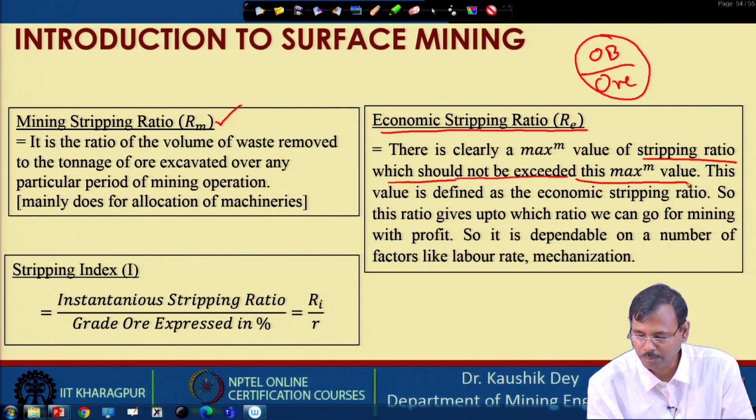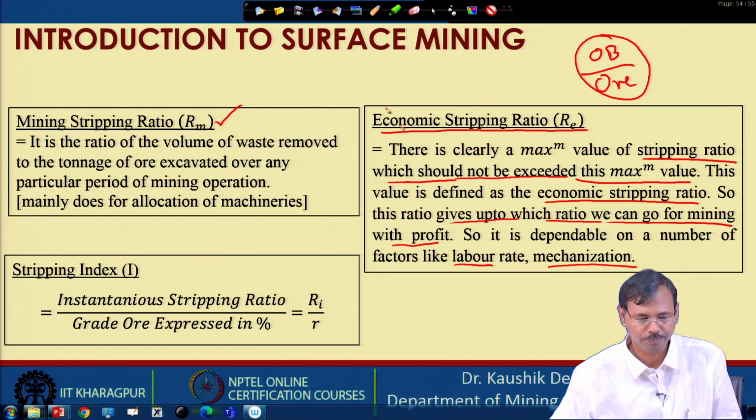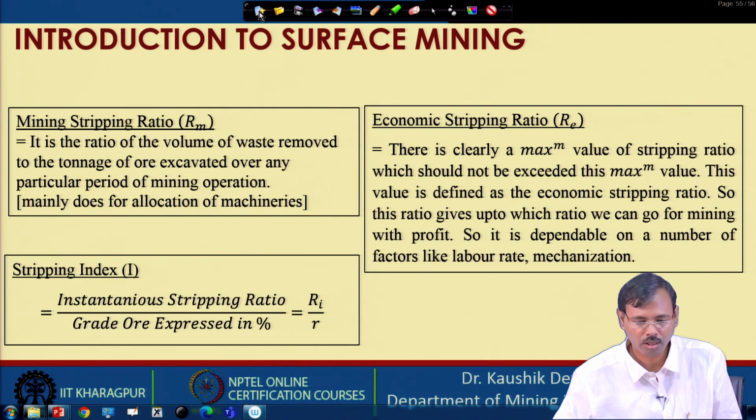This value is defined as the economic stripping ratio. So, the ratio gives up to which ratio we can go for mining with profit. So, it is dependent on a number of factors like labor rate, mechanization etc.